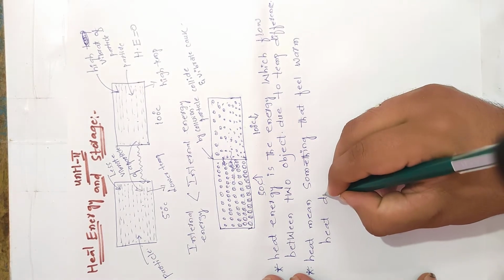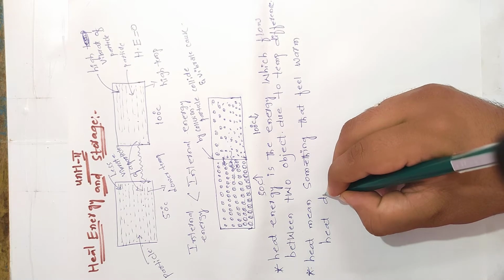Generally we know very well that heat defines the flow of energy from a warm object to a colder object. The heat energy is present in volcanoes, in icebergs, as well as in our own body. All matter contains heat energy.